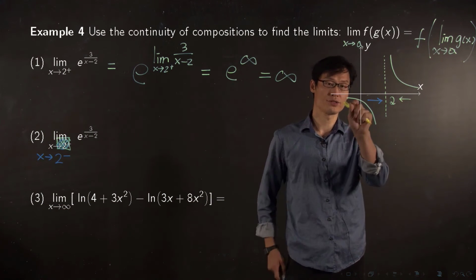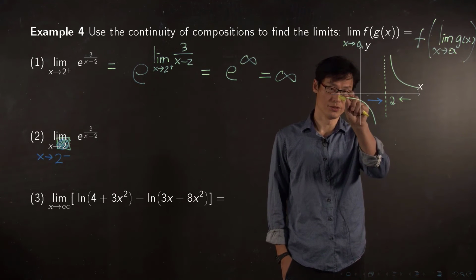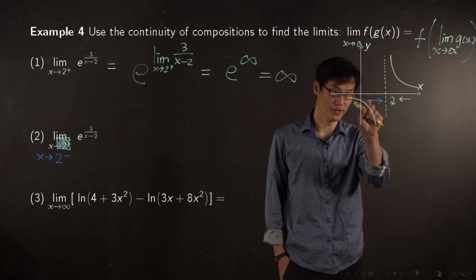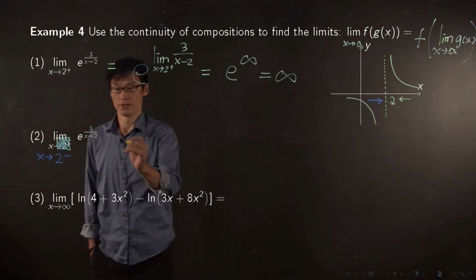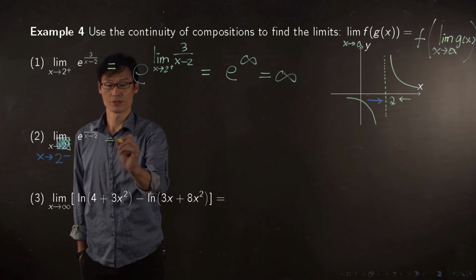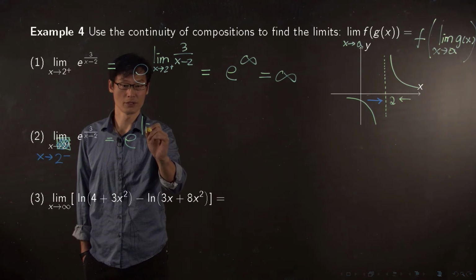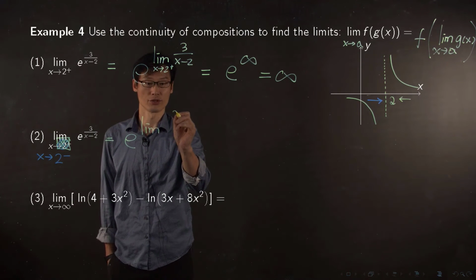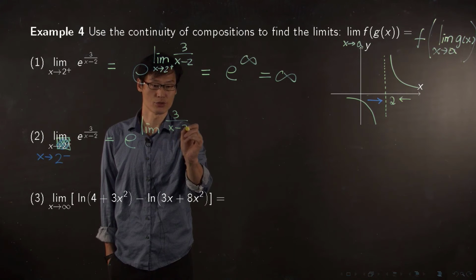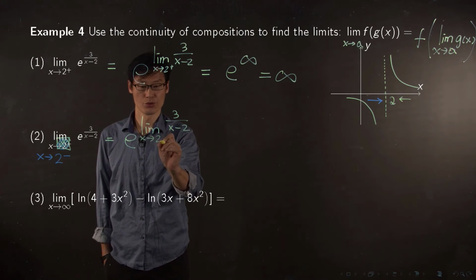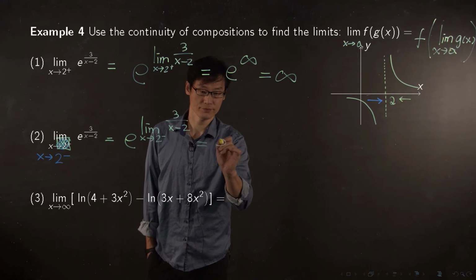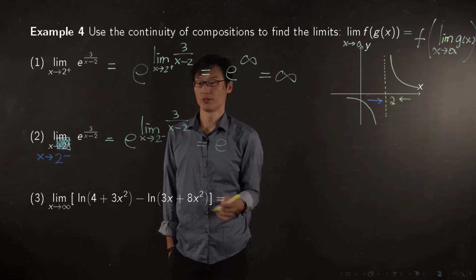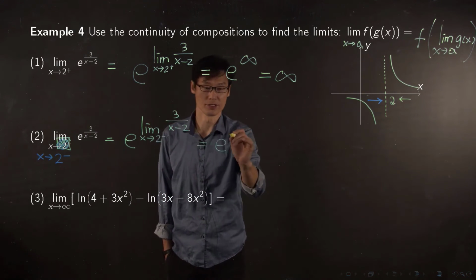In this case, our function is very small. The function value is getting smaller and smaller. So the limit of this is e to the limit of the inside function 3 over x minus 2, as x tends to 2 from the left. From this graph, we see this limit is negative infinity.